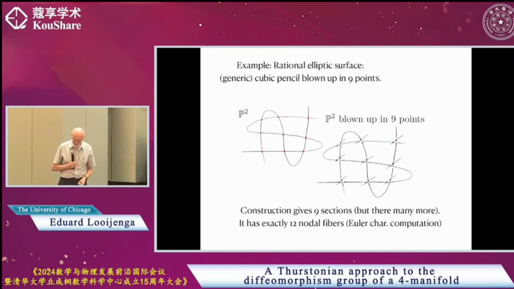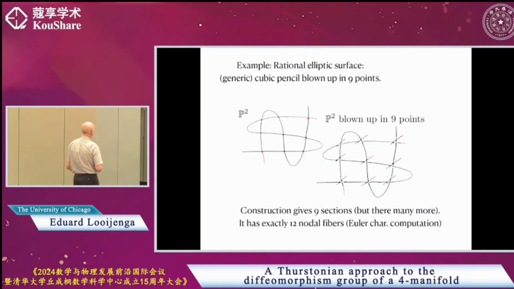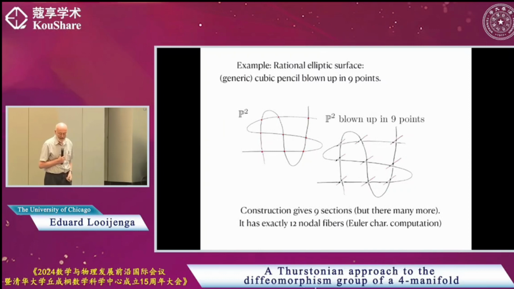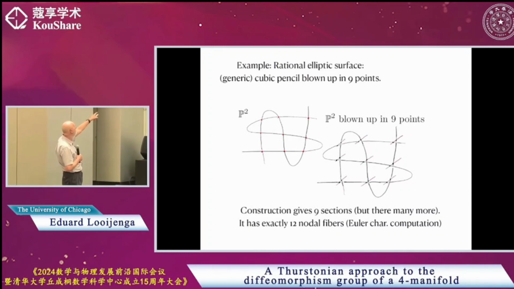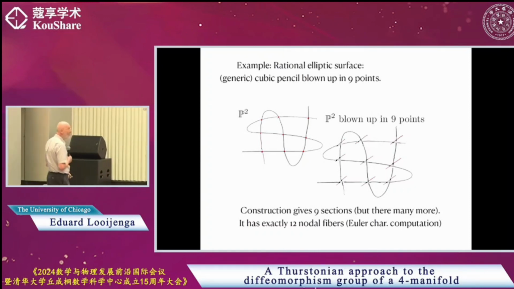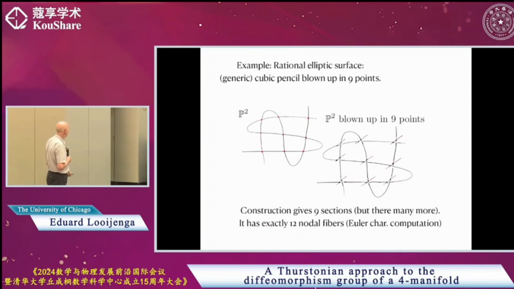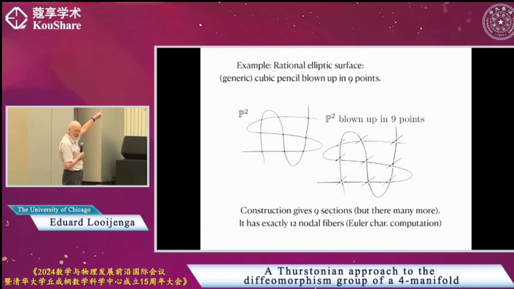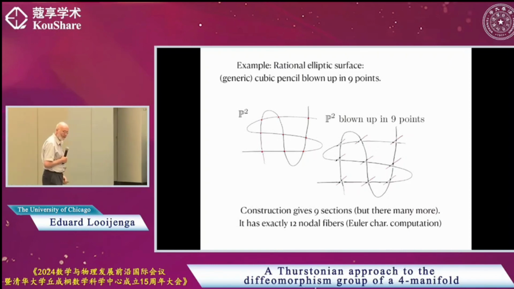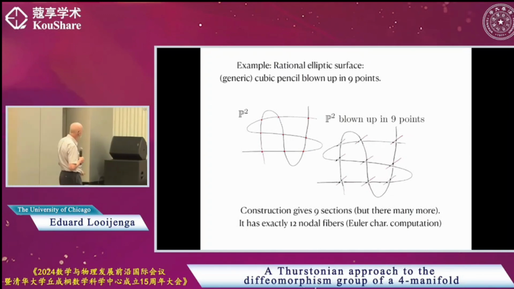Okay, here's an example. This is a very basic example, a very classical one, and it arises from a pencil of cubic curves in the plane. I've drawn in the complex projective plane two cubic curves intersecting transversally in 9 points. And you can now look at all the cubic curves passing through these 9 points. That's just a 1-parameter family. If you give each of them an equation, then it's given by a non-trivial linear combination of these equations.